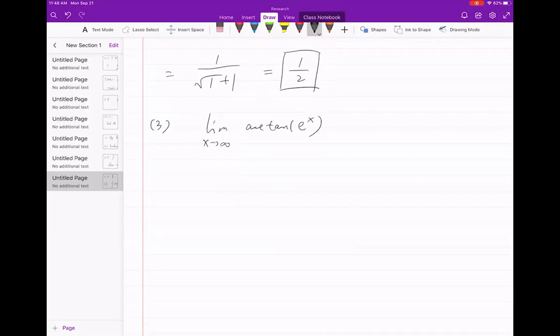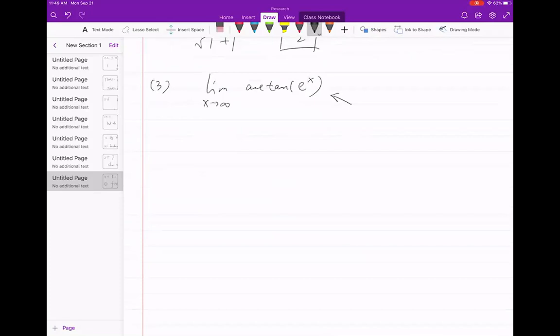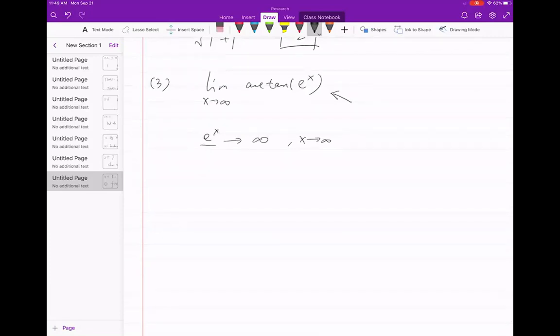What if you have something combined together? It's easy. I just want to point out here, it's totally fine if you just break them into components. Look at this first. When x goes to infinity, where does this one go? Infinity. Okay. Then you put arctangent here, but you put this one in. x goes to infinity, and this one is basically arctangent.